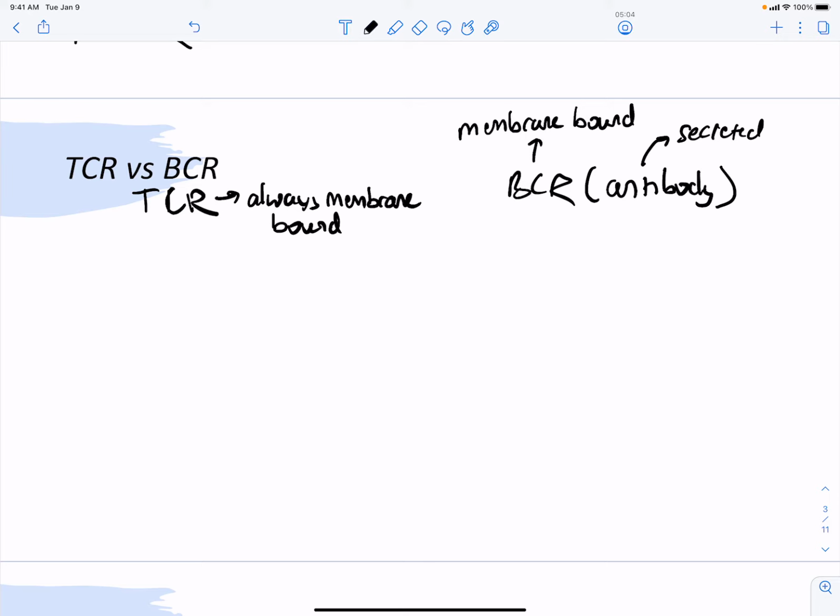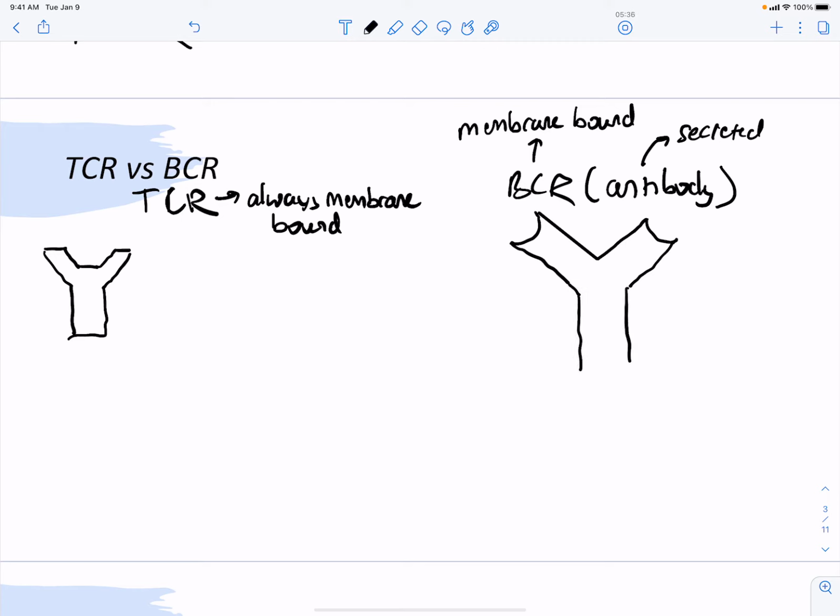Now, the T cell receptor is given a look kind of like this. And your B cell receptor is more of a Y-shaped with two arms, and two binding sites.